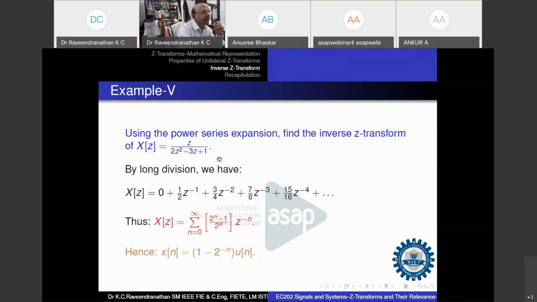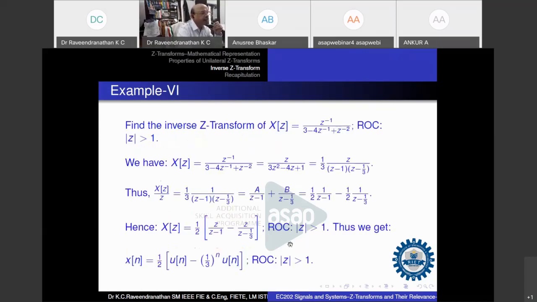So obviously we say that this sequence has a region of convergence where z is not equal to 0. So it is the region of convergence in the entire z plane except z equal to 0. So this is the x of n we are going to get.